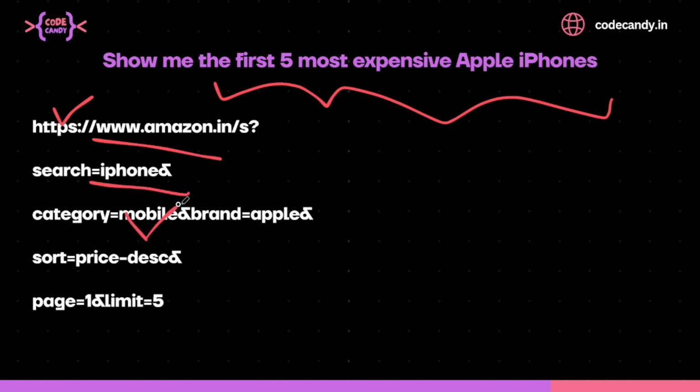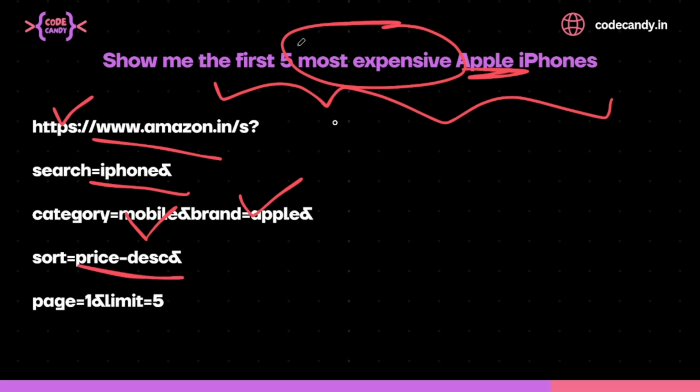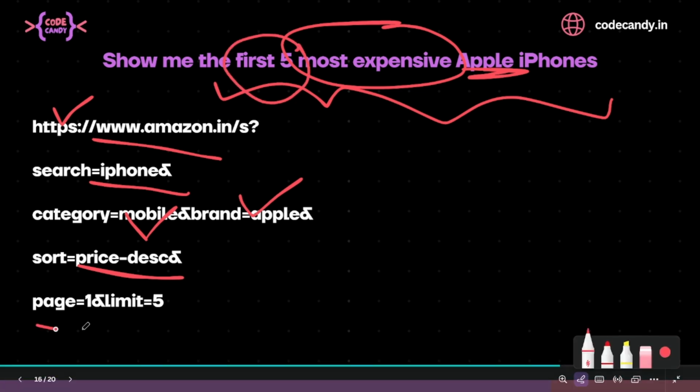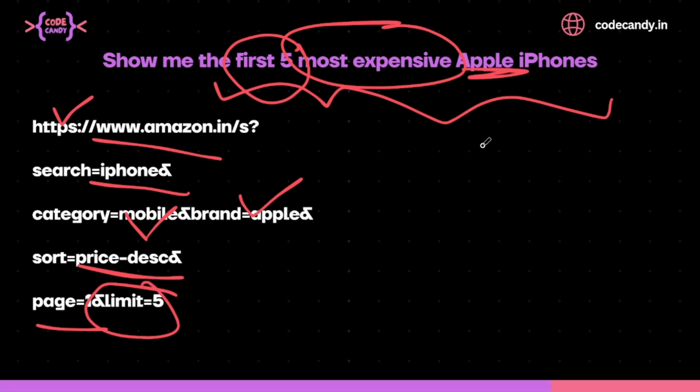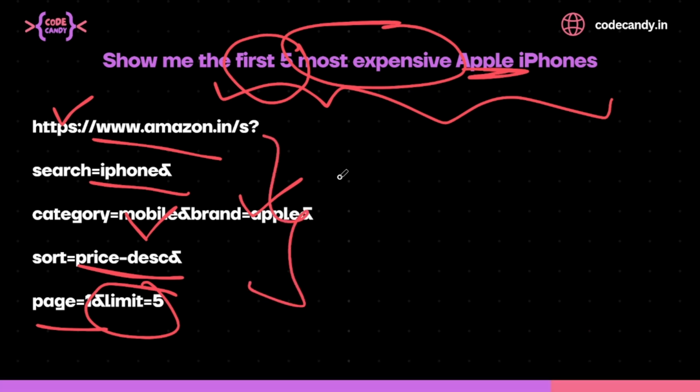What is the category? Mobile. The brand name is Apple. Now it is asking for most expensive, so I am sorting the price in descending order, and it is asking for the first five. That means in the first page I want only five products to be displayed. In this way, whenever the human text is decoded, you are sending this entire thing to the web server in the form of a URL.